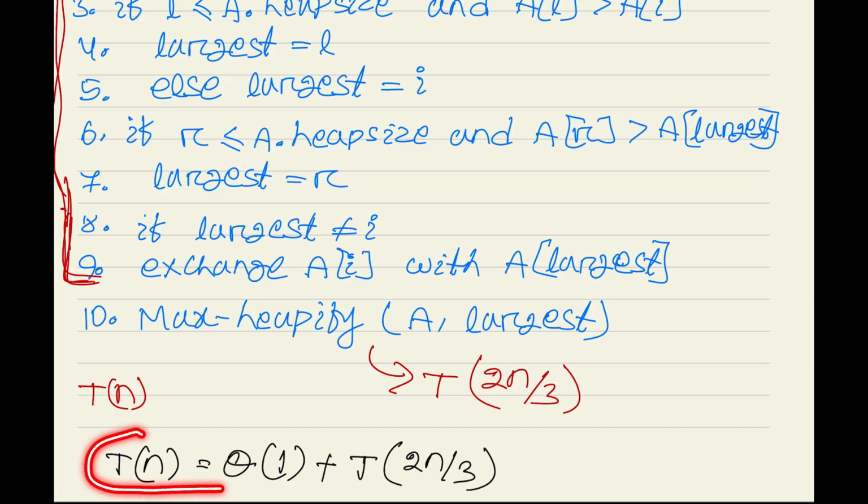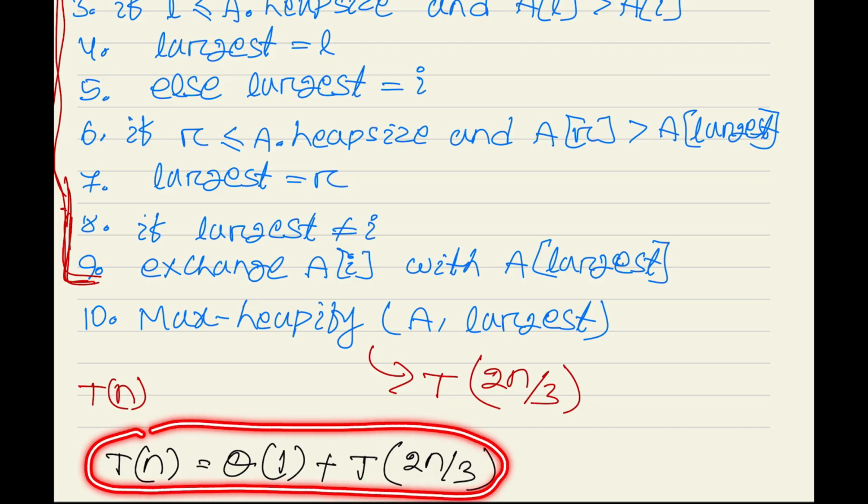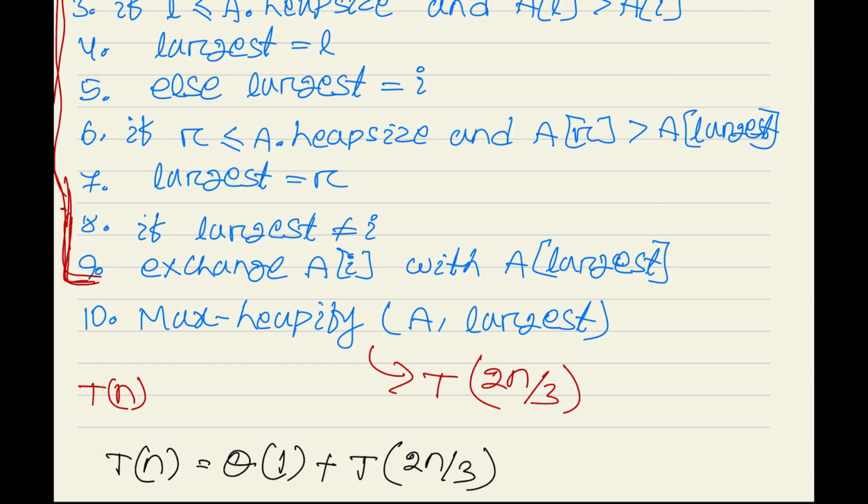If we solve T of n equals theta of 1 plus T of 2n by 3 using the master theorem, we get T of n equal to order of log n, and this order of log n is nothing but the height of the heap.